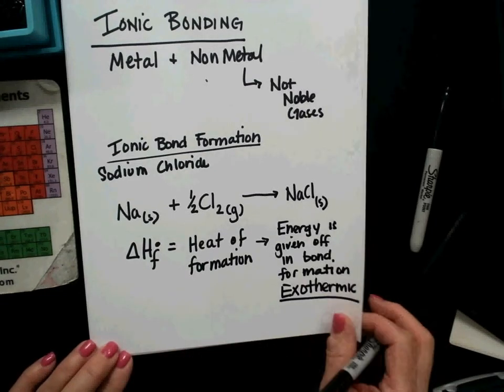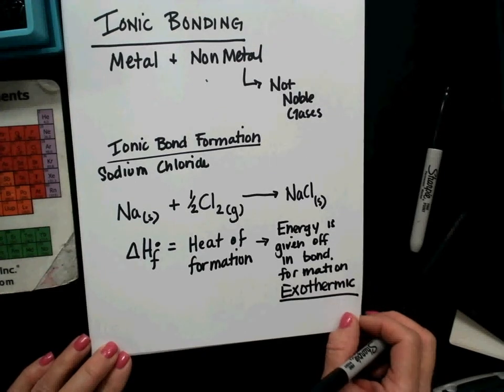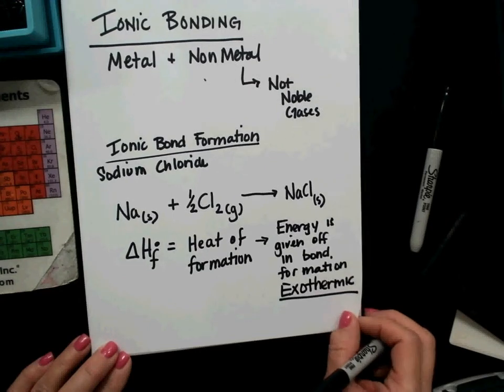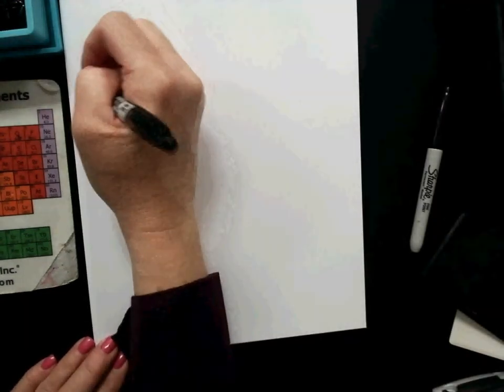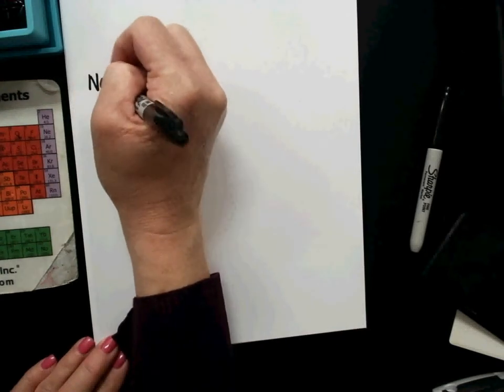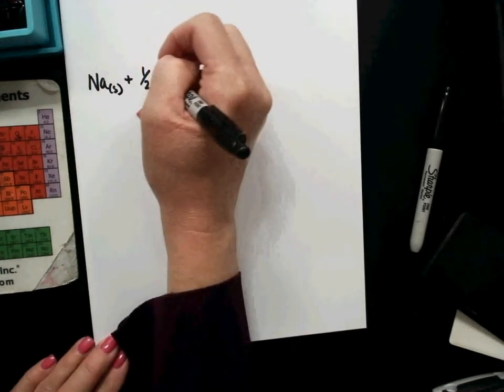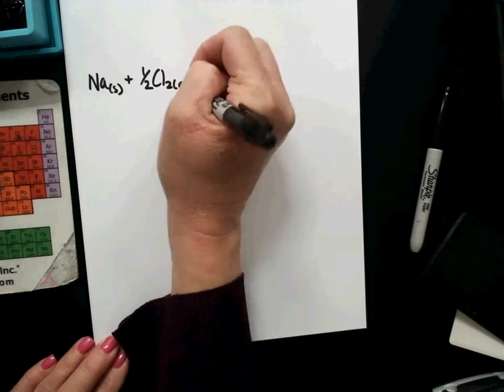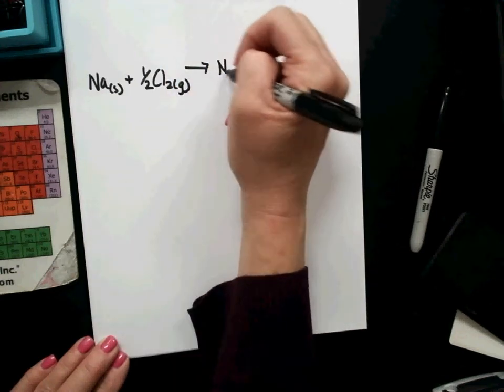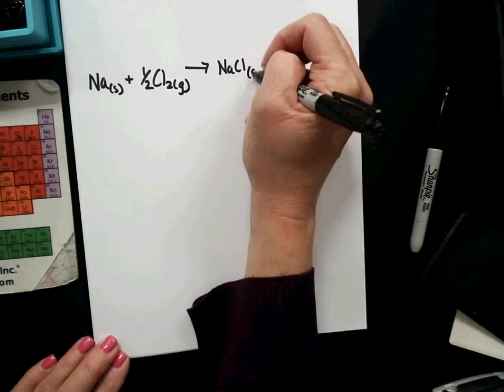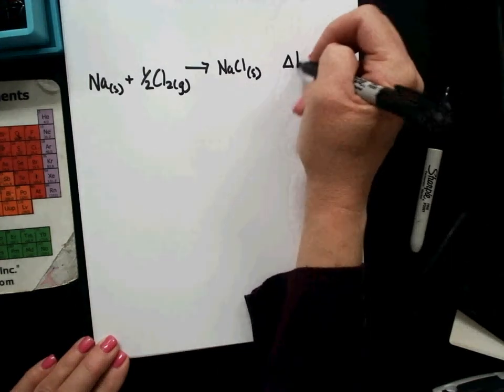And when I show the heat of formation, I'm going to write this. I'll let you get this, and then I'm going to write it over on the next page so I've got a clean equation. We good? So let me write that. It's going to look like this. Na solid plus 1/2 Cl2 gas yields NaCl solid.